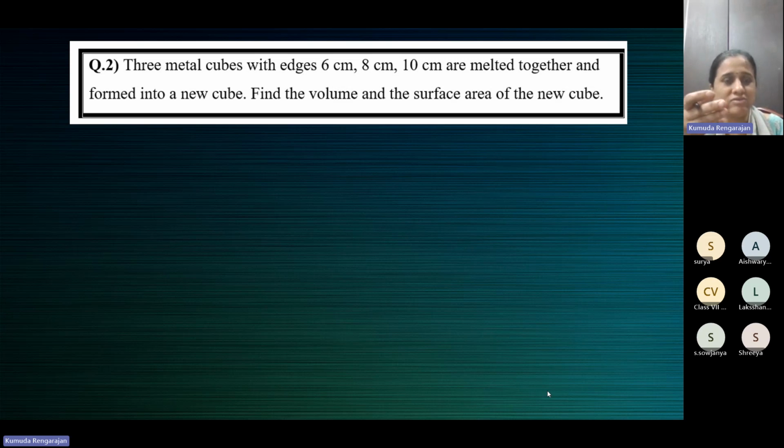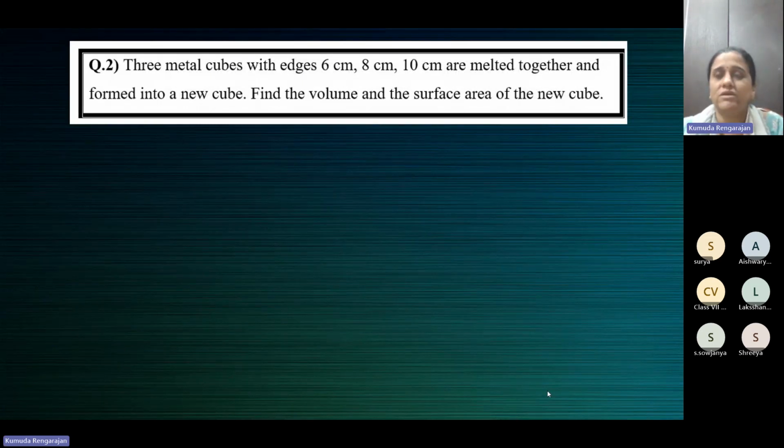Now it's a metal, so you can melt it. The metal is melted, and all these 3 cubes are made into one big new cube. We need to find the volume and the surface area of the new cube.